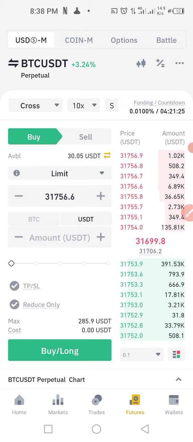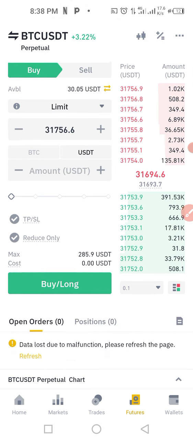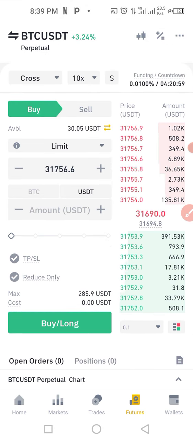Another thing you need to have is risk management skill. You need to know how to manage risk very well. So those two things are very, very important if you want to trade futures. Like I said the other time, futures trading can give you a very high profit and at the same time can give you a very high loss.